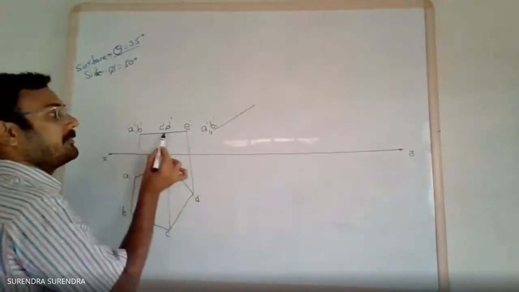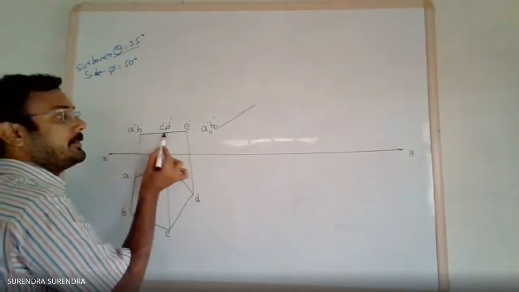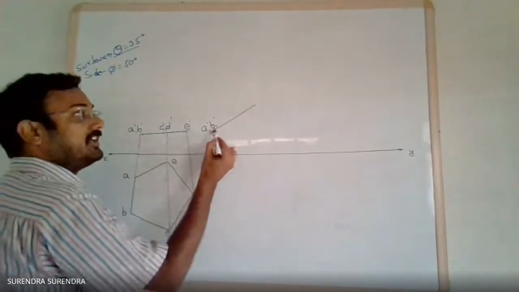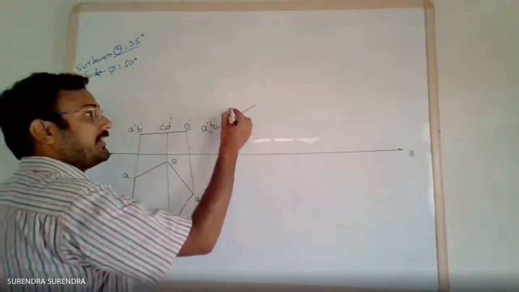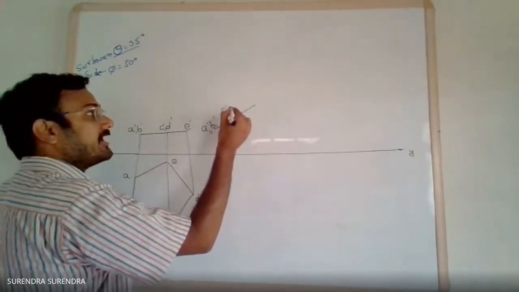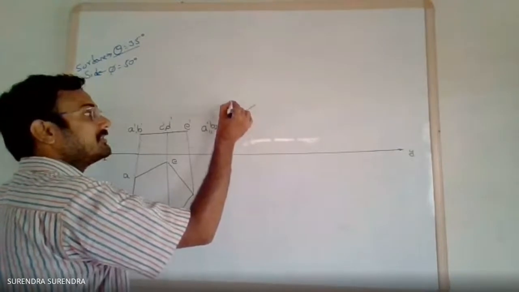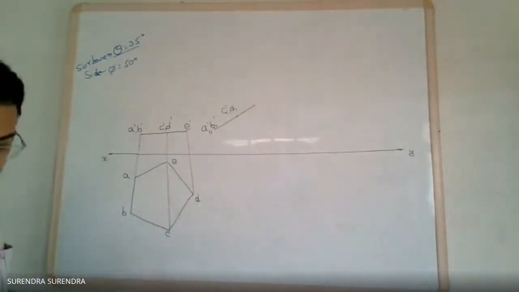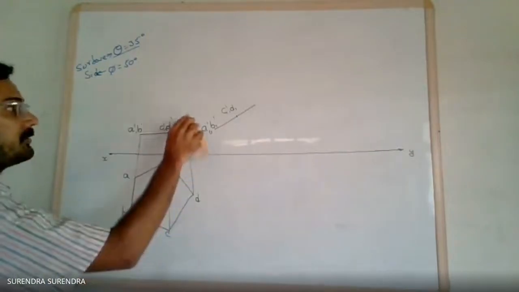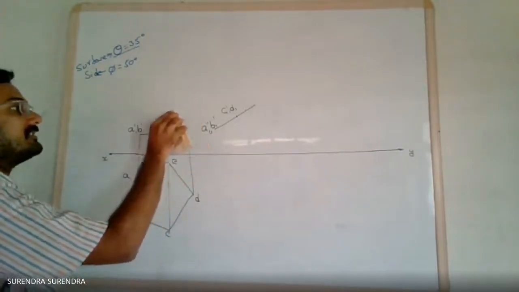Measure the distance from A to C. With A1 as center, draw an arc. This point is C1 dash, and sorry, this is the point D dash.